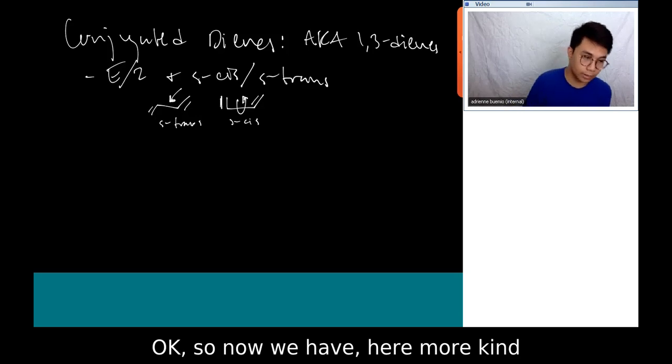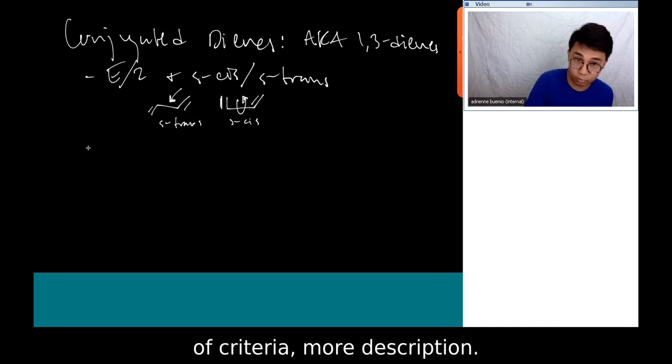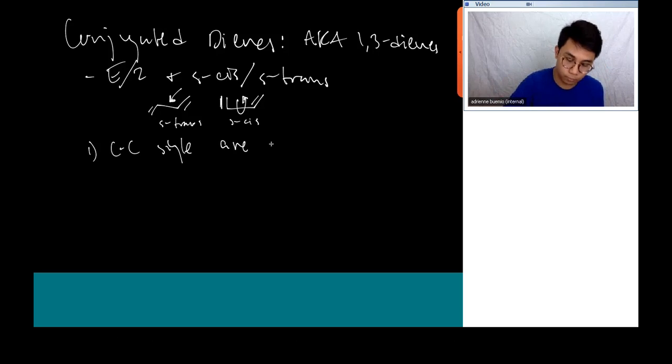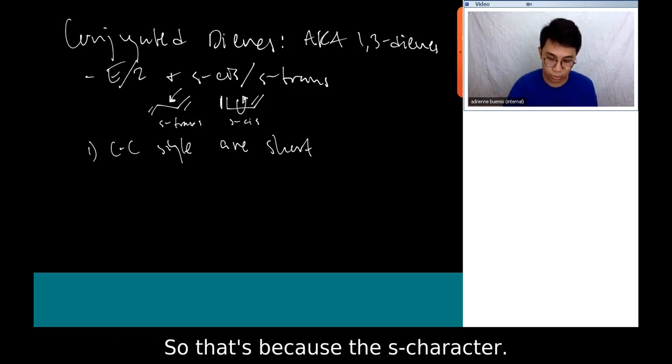Okay, so now we have more criteria, more description. One, in conjugated dienes, C-C single bonds are short. That's because of the S character.